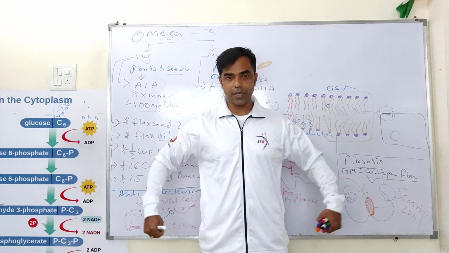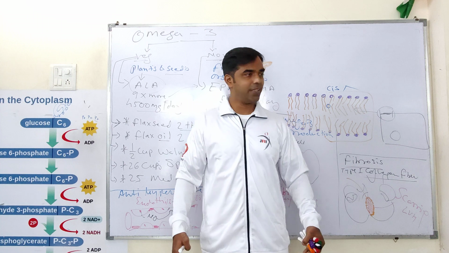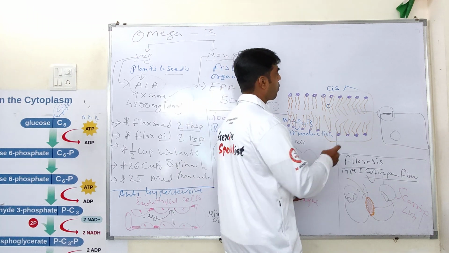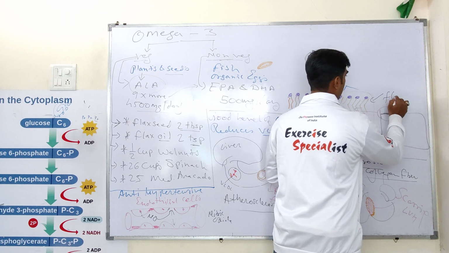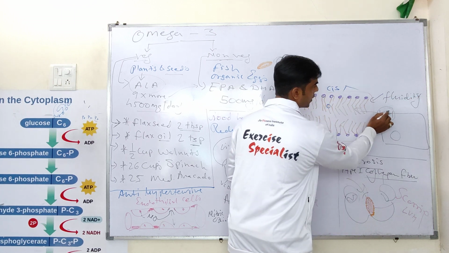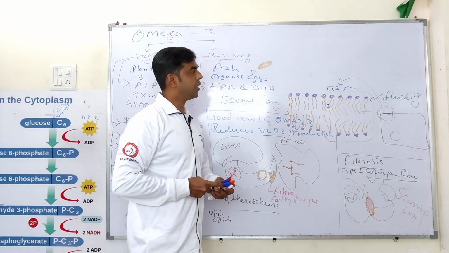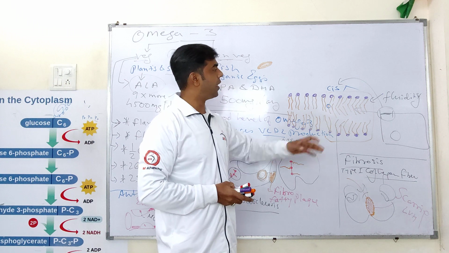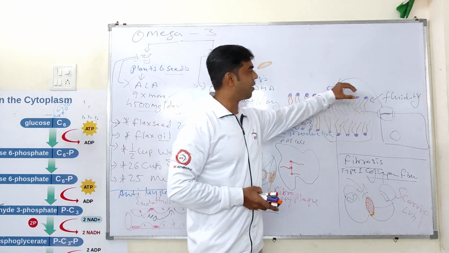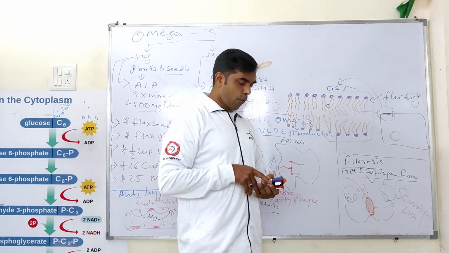But if you have a bend at this elbow, then you have nice space for movement, right? So fluidity is better at this point. So the cell membrane, which I have enlarged here, is going to have nice fluidity and a nice signaling mechanism, right?